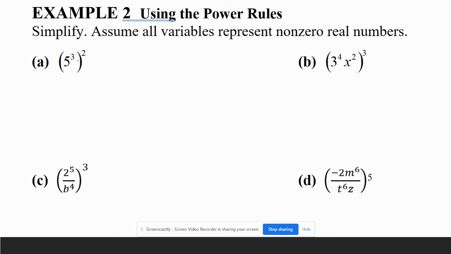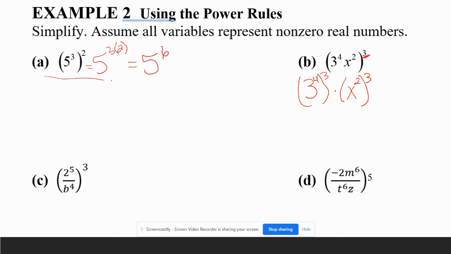Power rules. 5 to the third to the second means we can do 5 to the 3 times 2 which is 5 to the 6th. Next, 3 to the 4th, and x to the 12th. We're going to start with the fact that we know that that third power on the outside gets applied to both terms or factors on the inside.